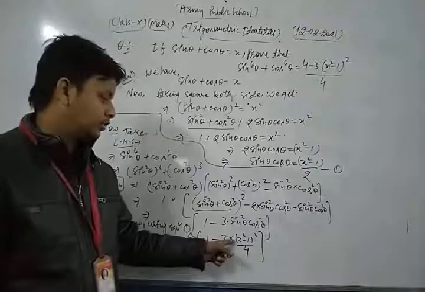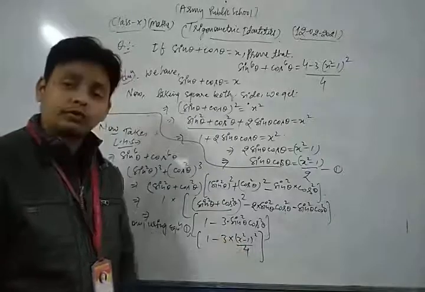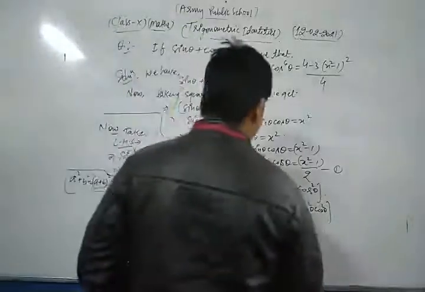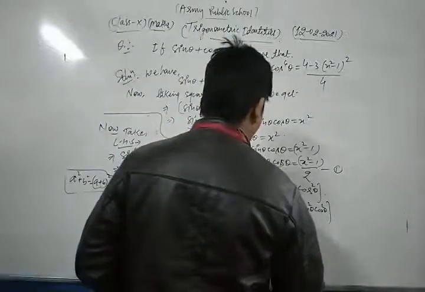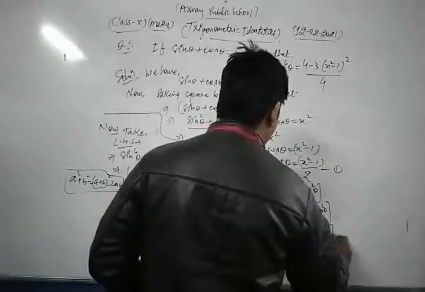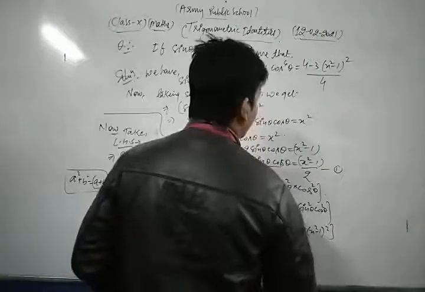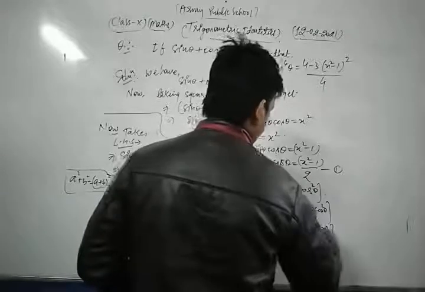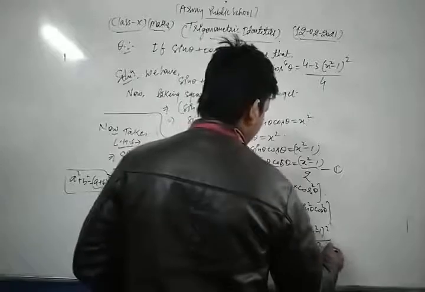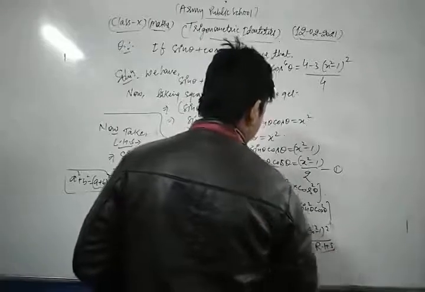So we write 3 into x square minus 1 whole square upon 4. Now we take 4 as LCM, so we get 4 minus 3 x square minus 1 whole square, whole upon 4. This is our right hand side.